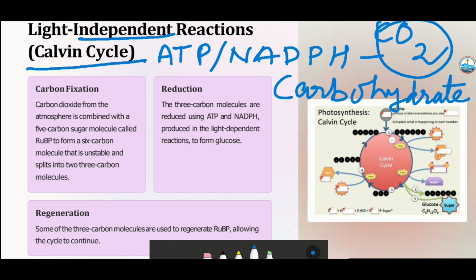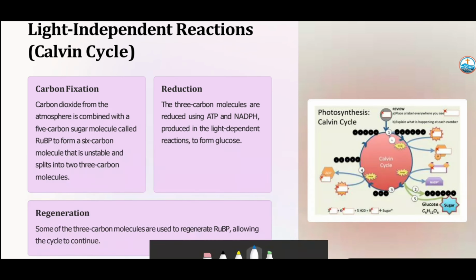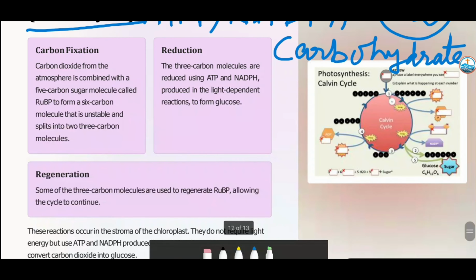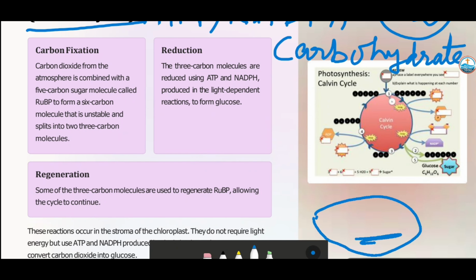I hope you all remember the stroma part and the grana part when we studied the structure of the chloroplast. Suppose this is the stack of the thylakoid; the stack, the pile, is known as the grana part, and this white colorless substance is the stroma part.